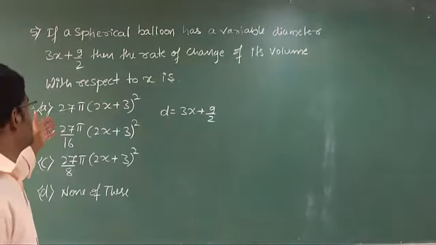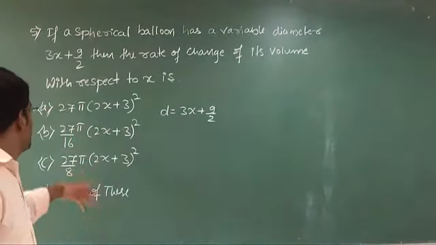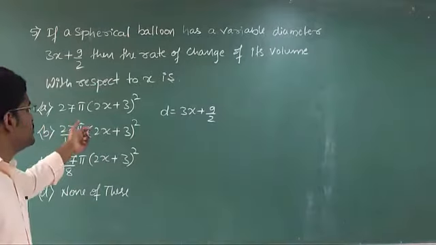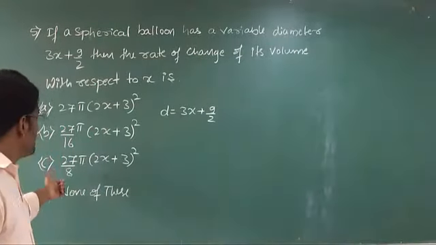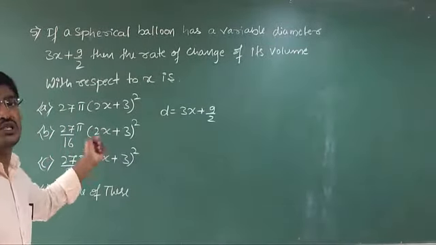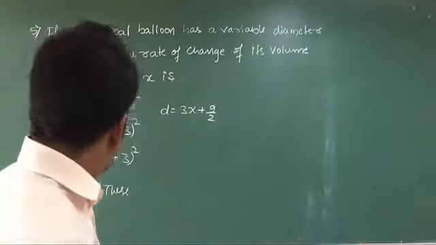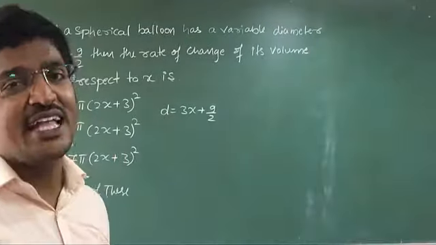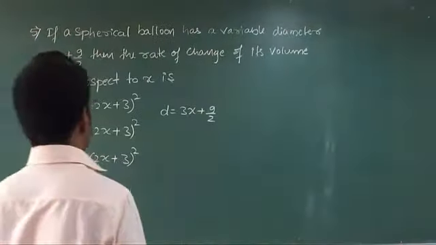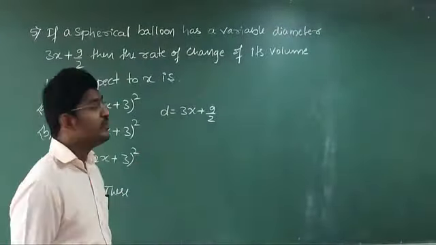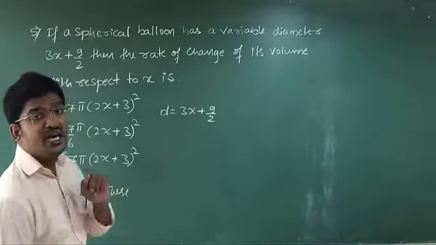It may be 27 pi by 2 (2x plus 3) whole square, 27 by 16 pi (2x plus 3) whole square, 27 by 8 pi (2x plus 3) whole square, or none of these. If you want to say none of these, all the remaining 3 have to be cancelled. That is important. So now the diameter is given. Volume of sphere you must know.